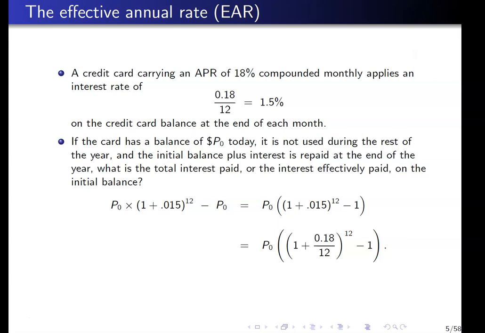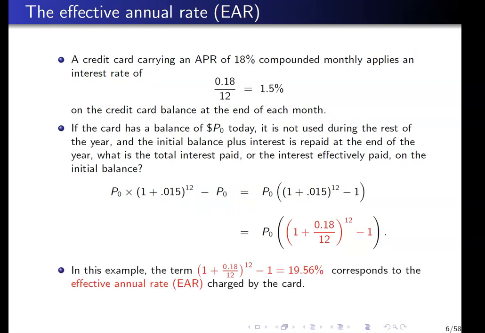It will be given by 1 plus 1.5% to the power 12 minus 1, because we subtract the value of the amount borrowed, the capital. So the difference here will be equal to the total amount of interest being paid by the borrower.